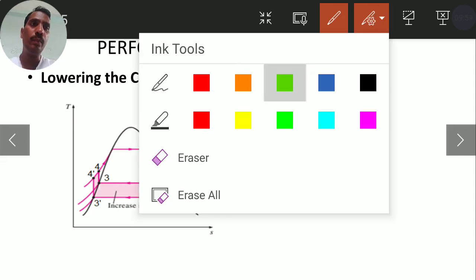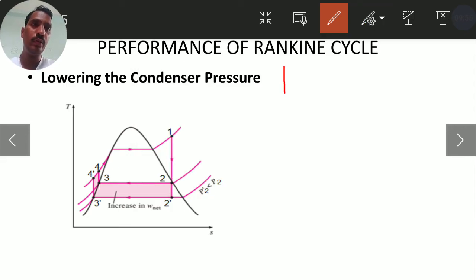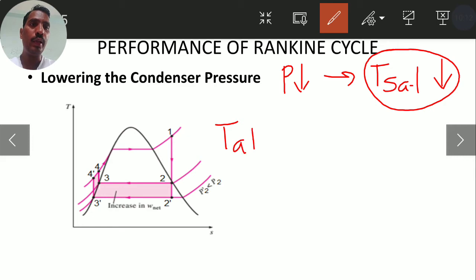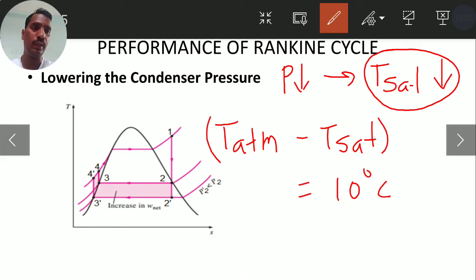If you reduce the pressure, the corresponding saturated temperature also reduces. Then the difference between T atmospheric and T saturated should be a minimum of 10 degrees Celsius.